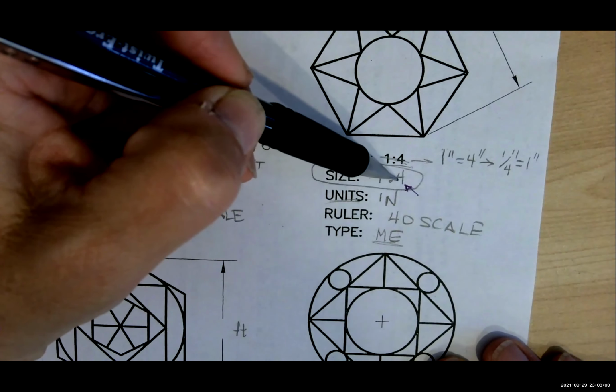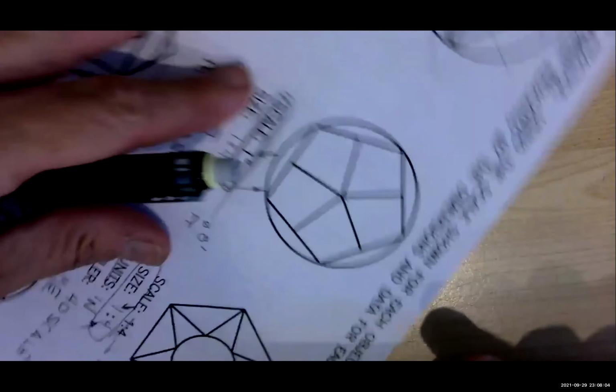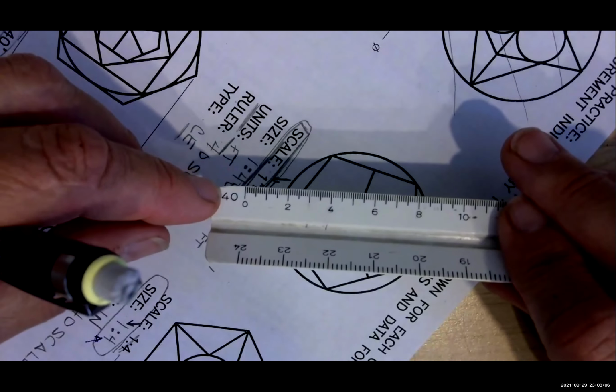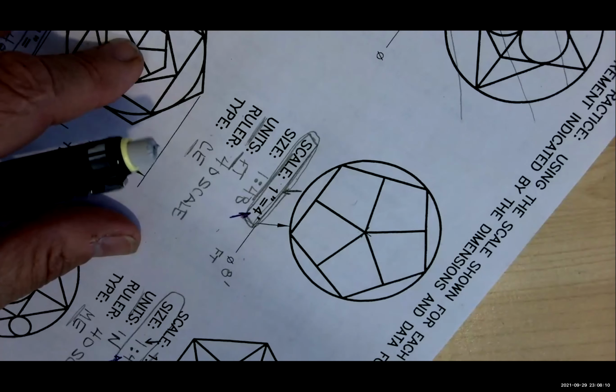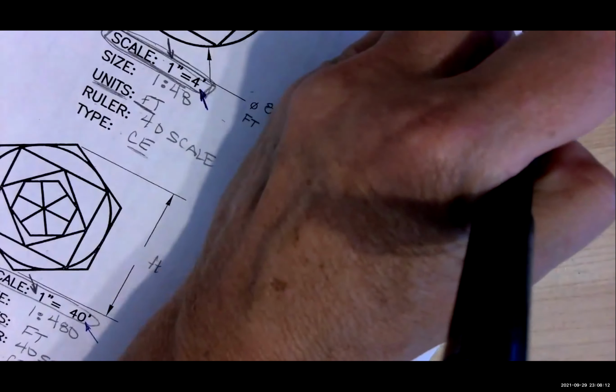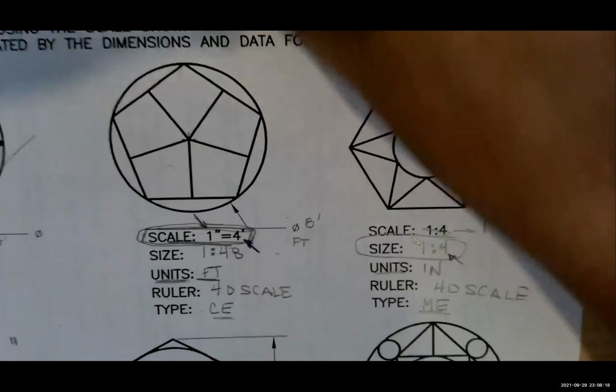The 4 tells you to use the 4 scale. So I took out the 4 and I'm measuring it, and to me it came out to be 8 inches, but to you guys it probably came out to be 6.7 or 7 or something.